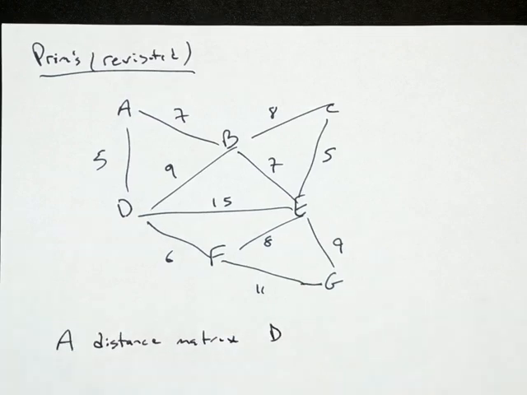Now, I apologize in advance for using D and not meaning diagonal. For those who are in linear, D almost always means a diagonal matrix. Here it means a distance matrix. So I want you to create an n by n matrix where n is the number of vertices.